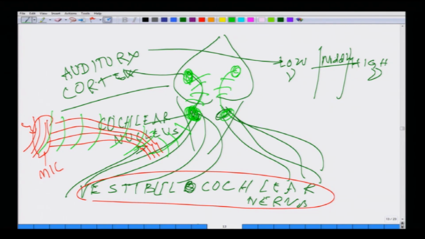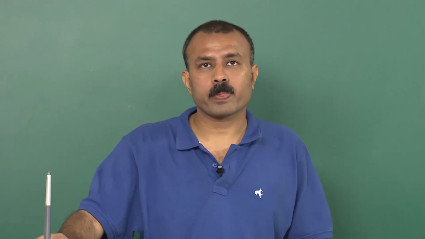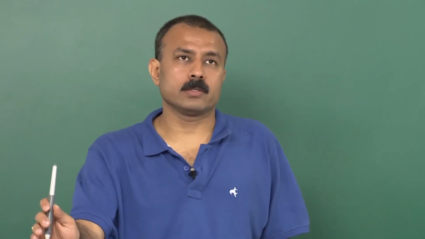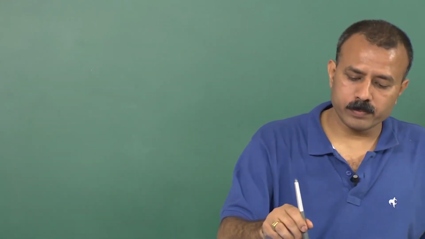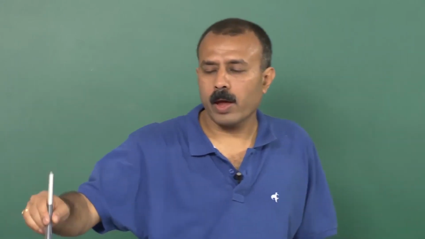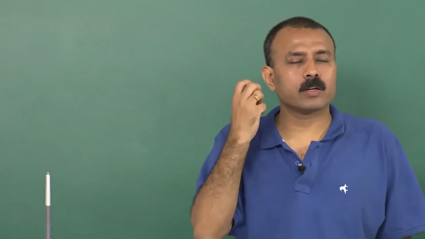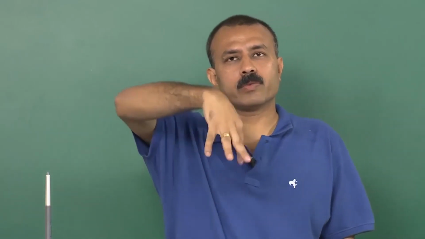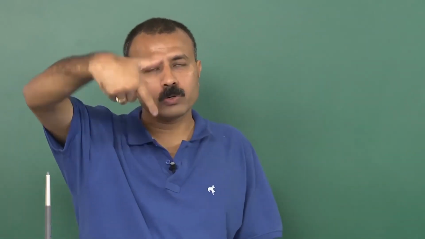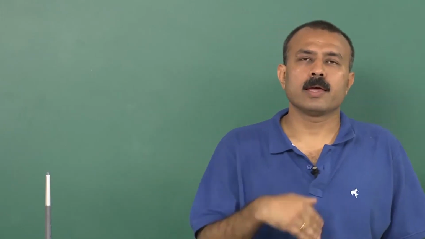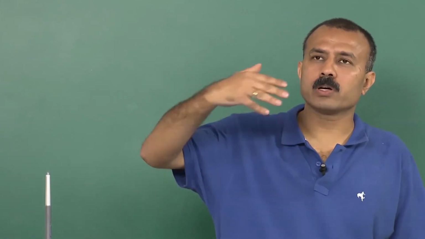The whole area of neural engineering or neural prosthesis actually has its origin in the cochlear implants, where the cochlea was damaged and had to be replaced with a hearing device, which was interfaced with an 8 electrode probe to the vestibulocochlear nerves, and the message was sent to the cochlear nucleus.